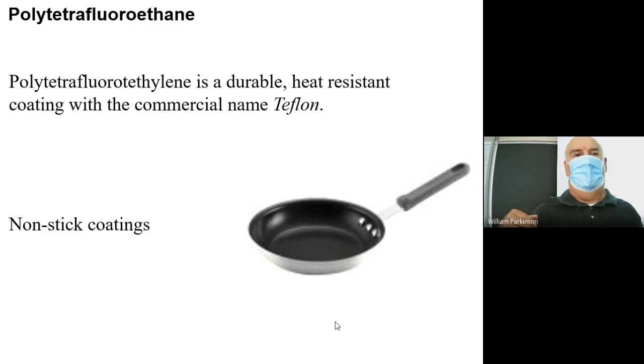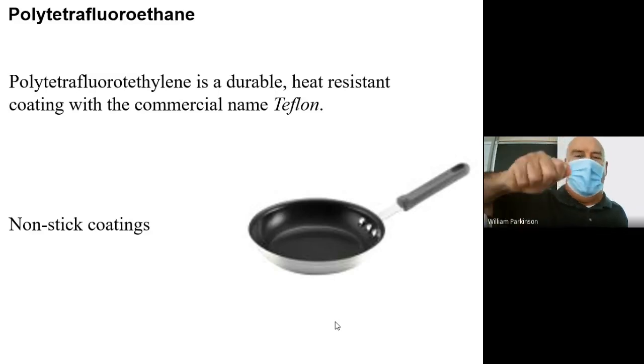Teflon is also very familiarly used in plastic pieces that we want to be able to rotate and move when they're lined up by each other. So it kind of makes things that can be turned and twisted without breaking them down.